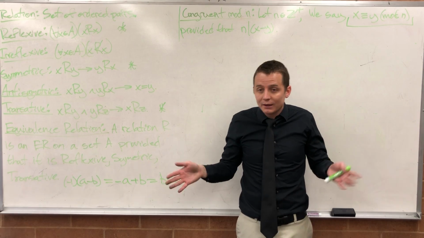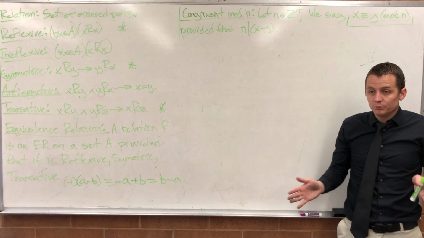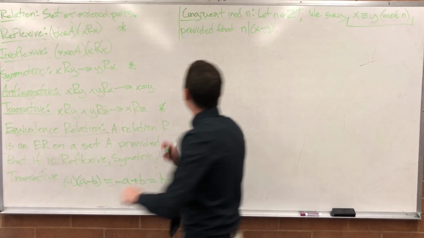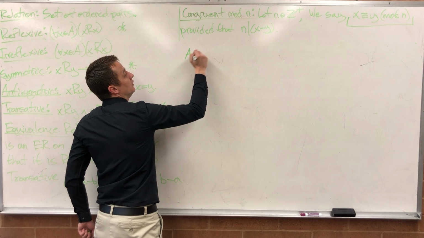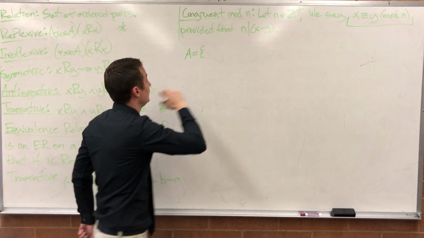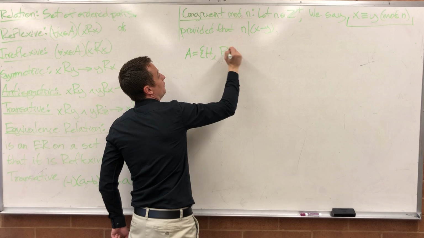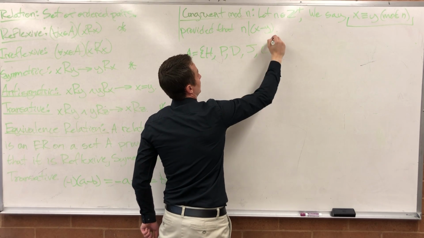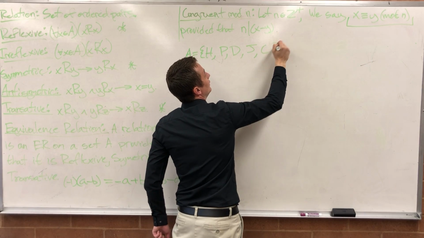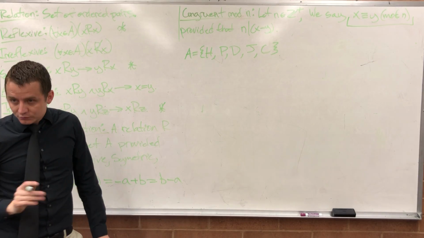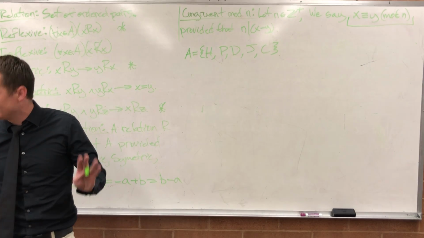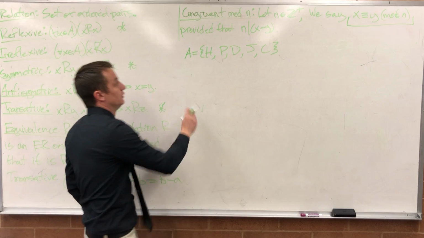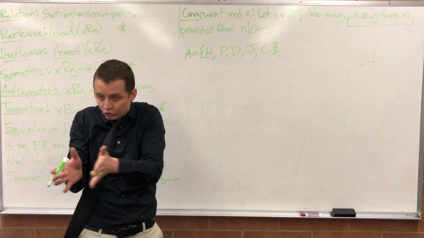What does that mean? I could take a set like the people in this room, and I could group them by has the same last name. So if A is a set of people in this room, A is equal to Aiden, Phoenix, Deborah, Jeremy, Chandler. If we did the has the same last name relation, then we could group you into groups of people that have the same last name.